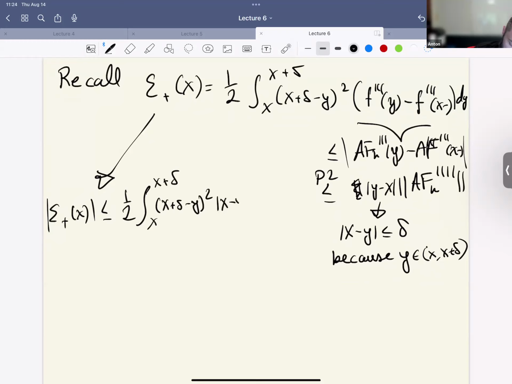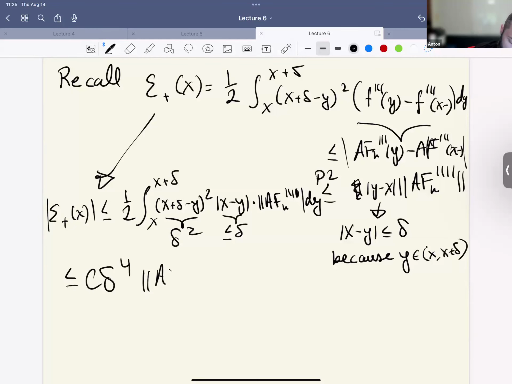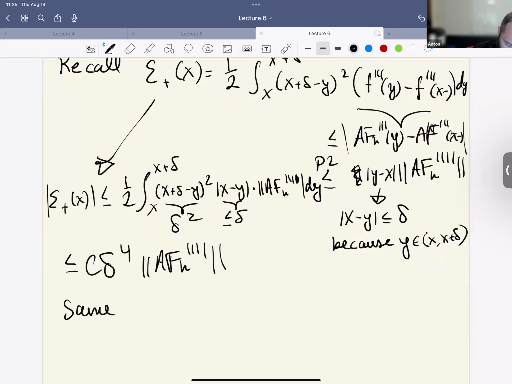We have another x minus y, and we have the norm of the fourth derivative, dy. And this is bounded by delta squared. And we have the integral, which gives us another order of delta. So at the end of the day, there is some constant times delta for the f sub h fourth derivative. Same for epsilon minus.